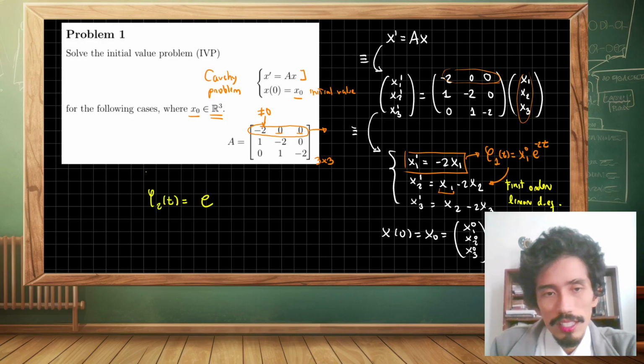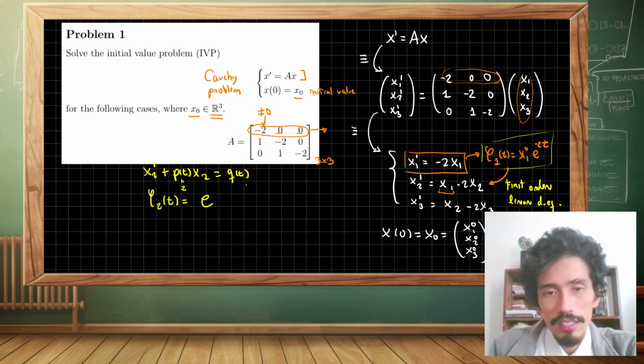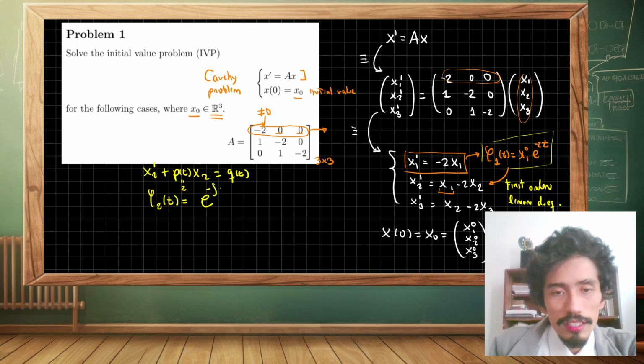In this case, we have plus p of t x2 equal to q of t. You know that p of t is 2. Q of t is this one, so I'll just leave it as q of t. And so you have this integrating factor, which is e to the integral of p of t.